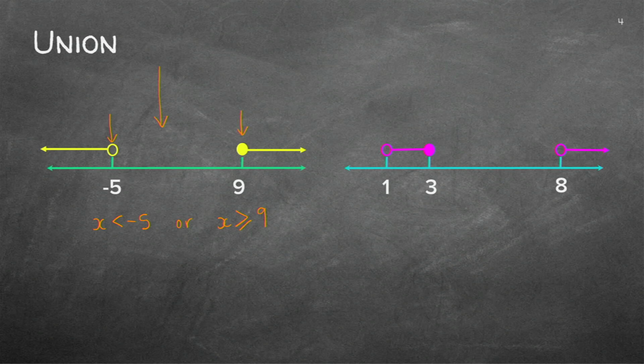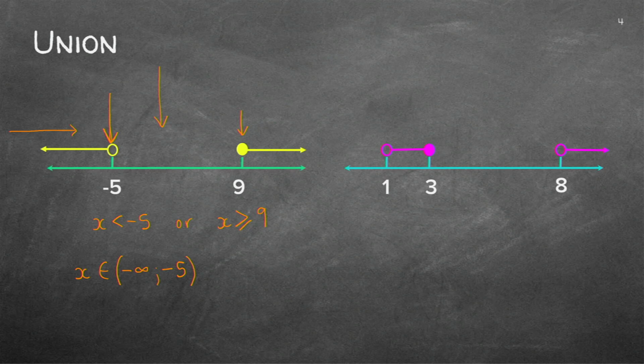9 is included. The equivalent interval notation would be that x is an element coming in from -infinity. We can see we start from -infinity, so we have a round bracket, -infinity. The last part of that set is at -5. -5 is not included.